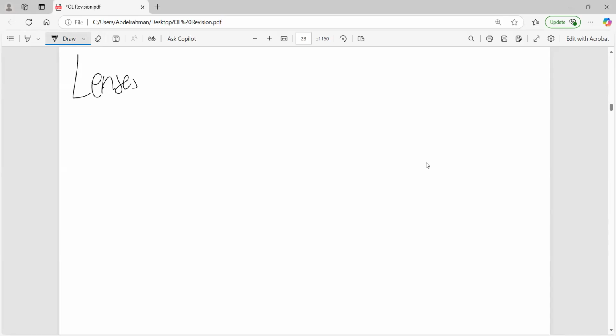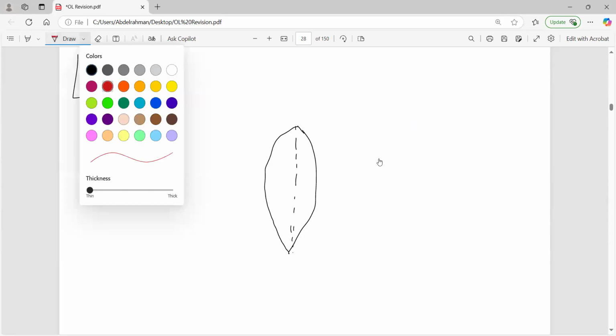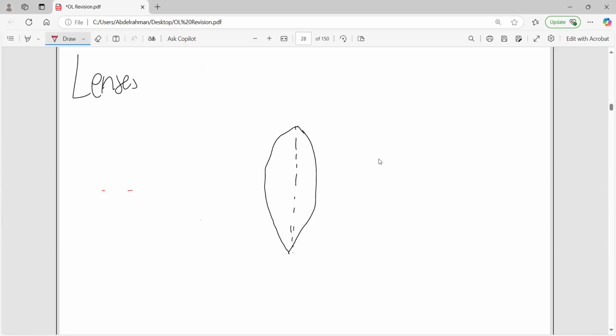Let me talk about convex lenses very quickly. This is a convex lens, with the center line in the middle, and another line called the principal axis moving through the center of the lens.